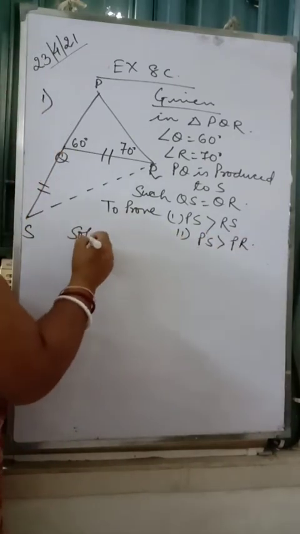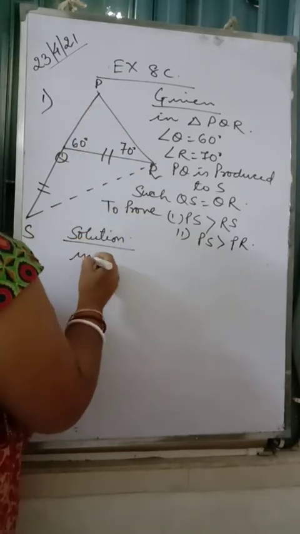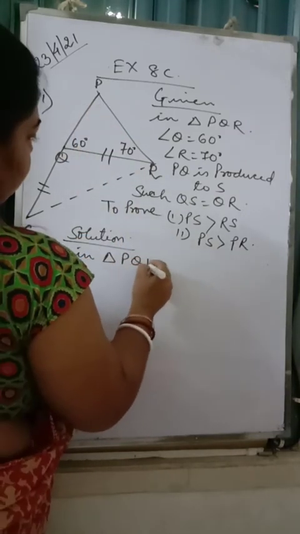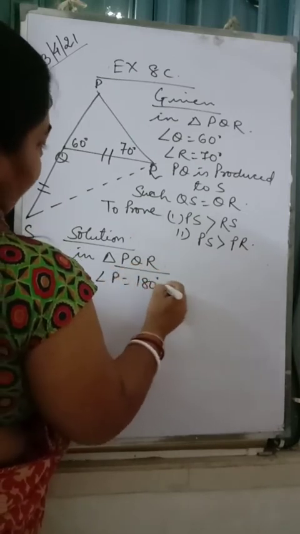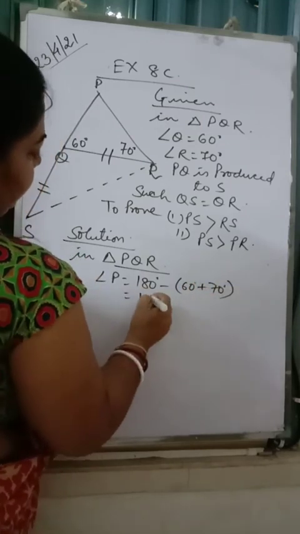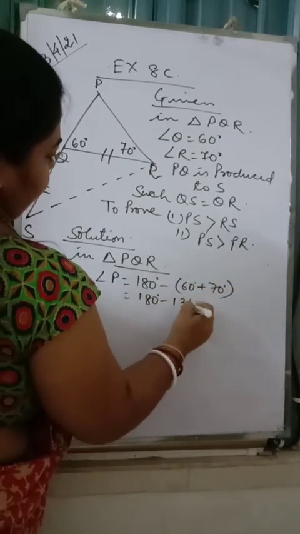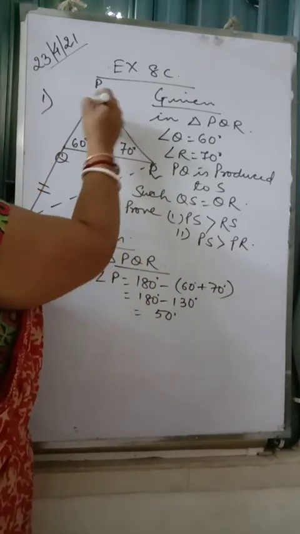Now in the solution we see, in triangle PQR, angle P is equal to 180 degrees minus (60 degrees plus 70 degrees), 180 degrees minus 130 degrees. So we are getting 50 degrees.